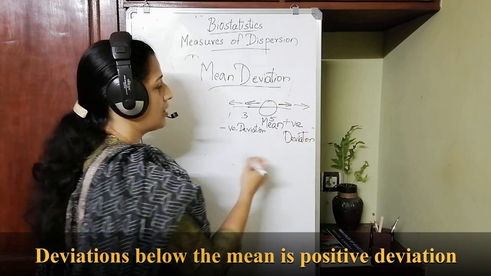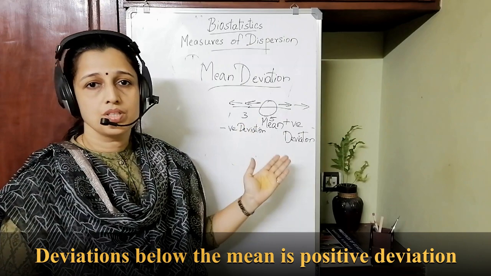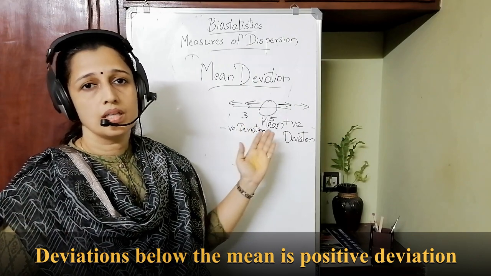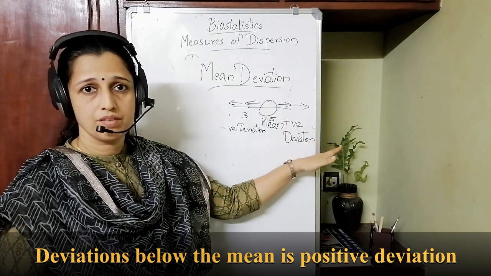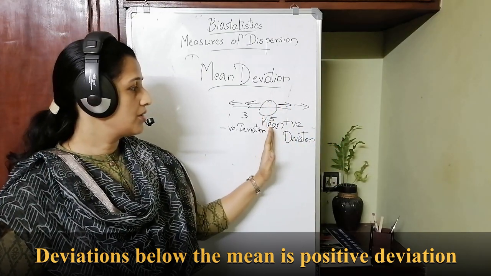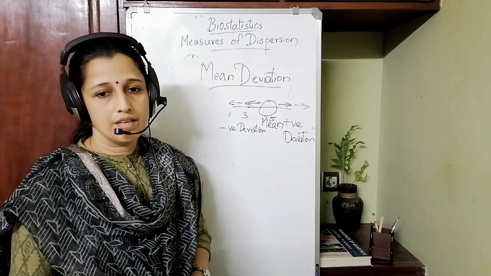So the deviation which is below the mean, or towards the positive side, is called positive deviation. The deviation towards the negative side is called negative deviation.